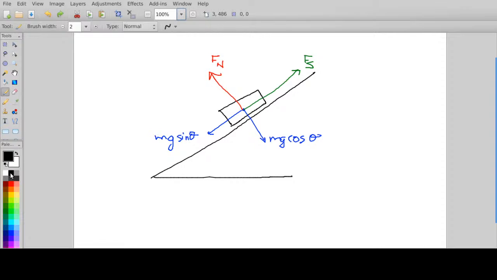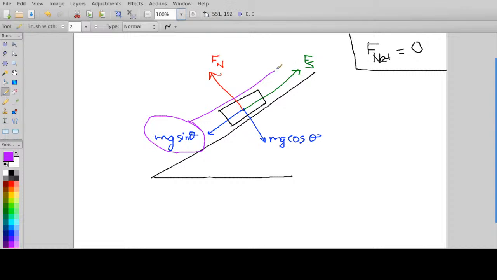Unlike before, where we were looking for Fnet, here we know that Fnet is equal to 0. That's a starting point, and that tells you that this one has to cancel that one, and similarly the other way around.